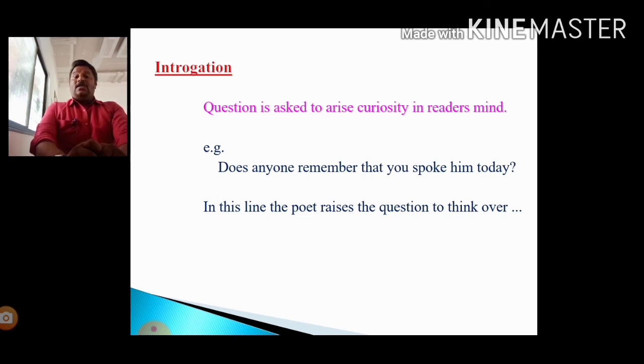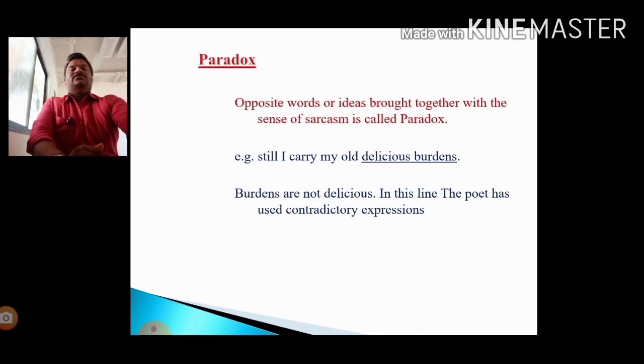In this line, the poet raises the question to think over. As I told you before, sometimes poets make use of different questions in their poems to bring poetic quality. That is the main purpose of the interrogation figure of speech.